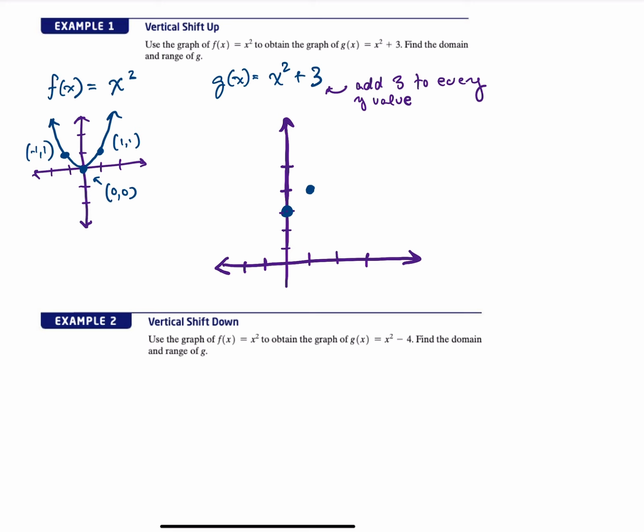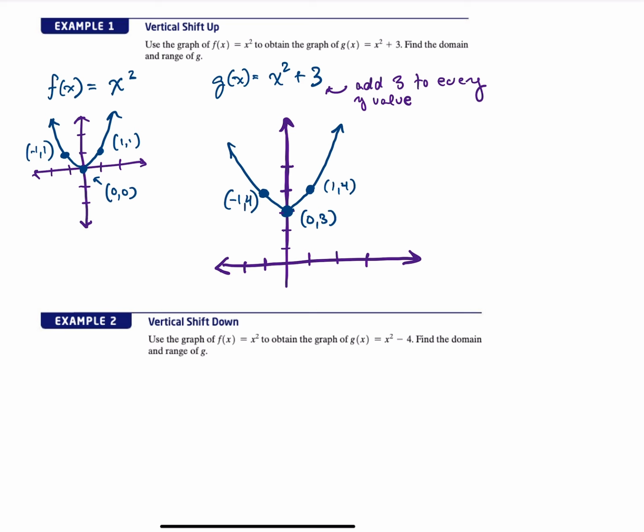So instead of 1, 1, this would be 1, 4 because we added 3. And then this would be -1, 4 on the left side. I'll build my parabola. I'll label my points. So 0, 3, 1, 4, -1, 4. So everything's been shifted up 3 units.